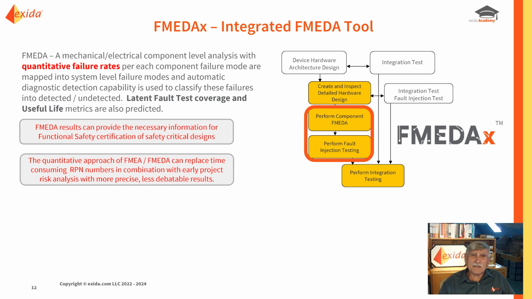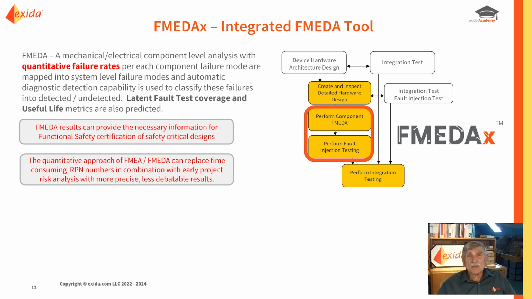FMEDAx is an integrated FMEDA tool. What do we mean by that? Information needed for an FMEDA is directly entered from the REQx DDMA process and immediately available to the FMEDA analyst. That allows the analyst to do a bottom-up, component-level reliability metric prediction.